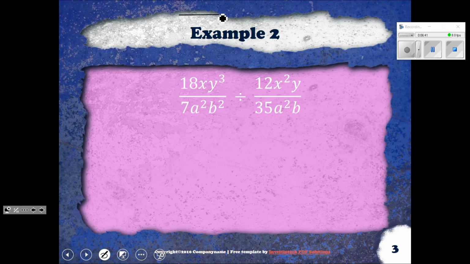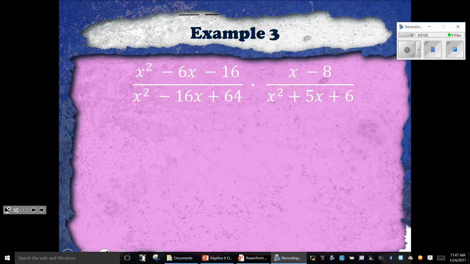We multiply by the reciprocal. Okay, repeat after me. We don't divide. We multiply by the reciprocal. We don't divide. We multiply by the reciprocal. Come on. We don't divide. We multiply by the reciprocal. We're excited.